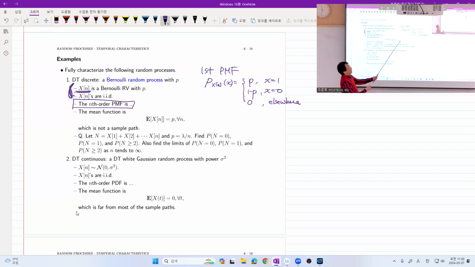As you see, x can be any real number, but it has a non-zero value only for x equals 1 or 0. So this equation fully describes this first order PMF as a function of x. What about second order?